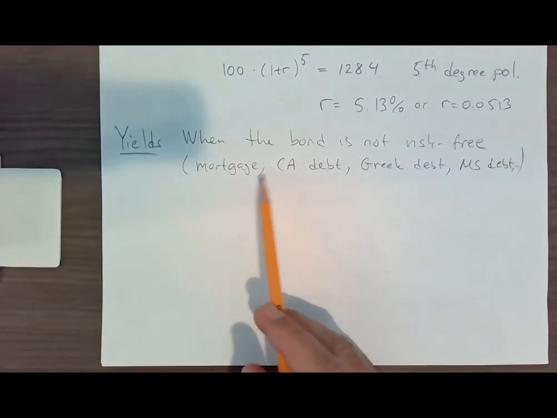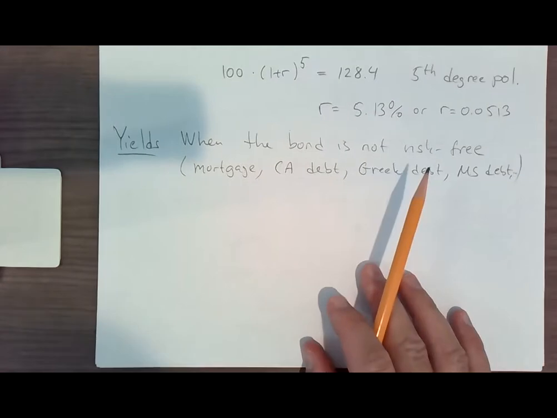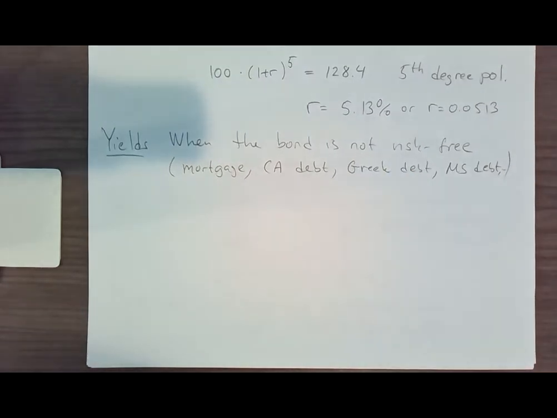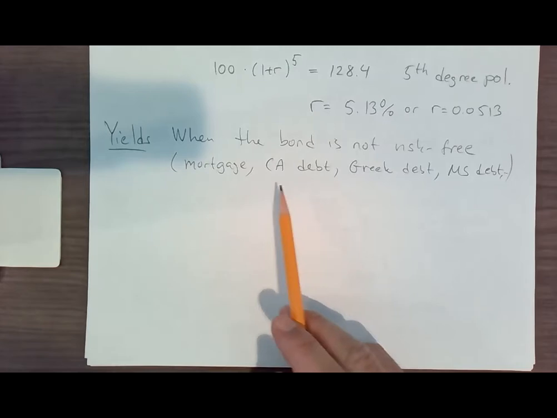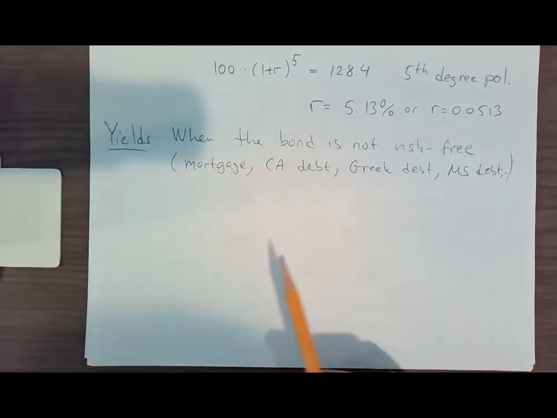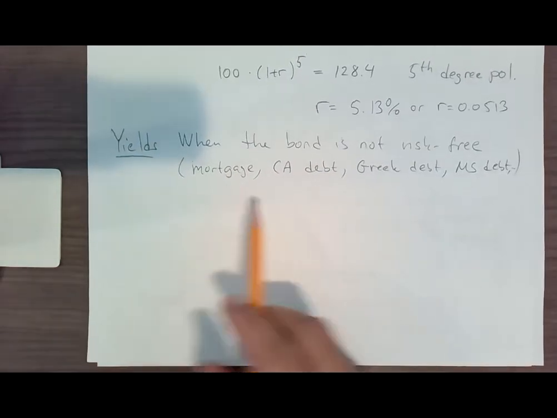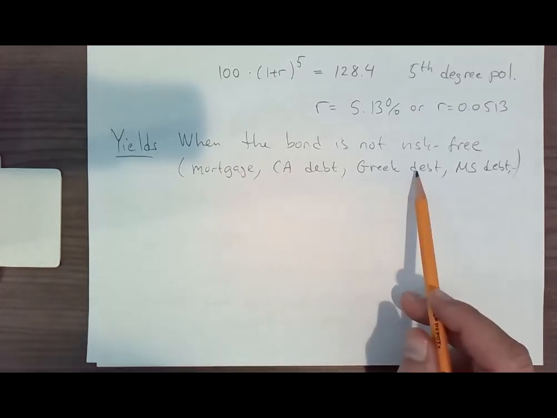California has a sizable economy and they have debt, so they need to take out debt. Is California able to default? Yes, it is. This is not considered risk-free. When I take out a mortgage, I can default. Greece has been in trouble in the past. They have debt.